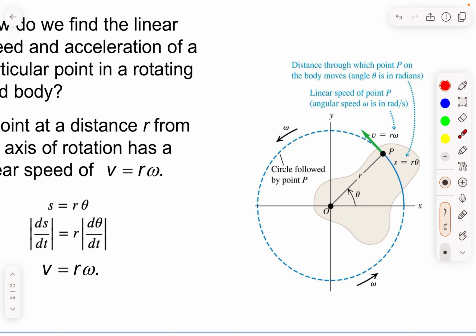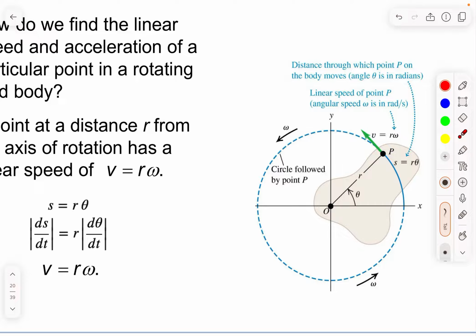So what s is actually doing for us is s is going to be the linear distance, or the translational distance. I hesitate to use the word linear because obviously s is curved, right? But if s is small enough, it could be approximated as linear, right? If my s was just this little piece right here, under certain approximations, that could be a straight line.